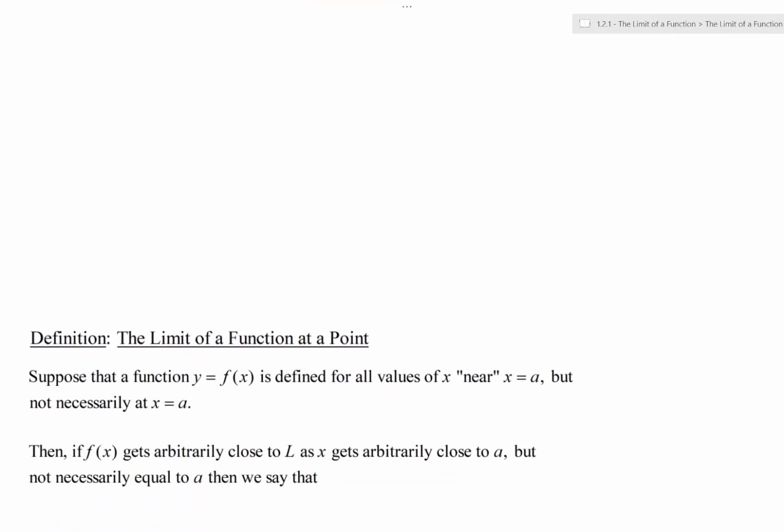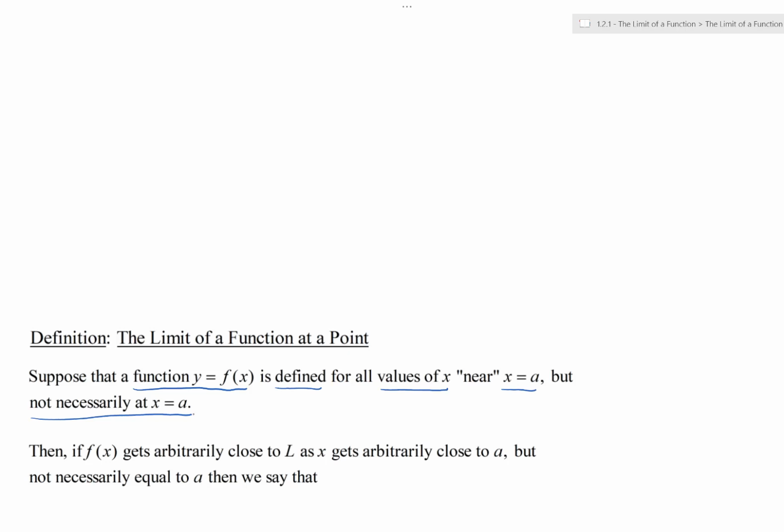Okay, here we go. We've got to dissect a lot of stuff here. Definition of the limit of a function at a point. Let's suppose that we have a function, y is f of x, and it is defined for all values of its inputs x, quote unquote, near x equals a, but not necessarily at x equals a.